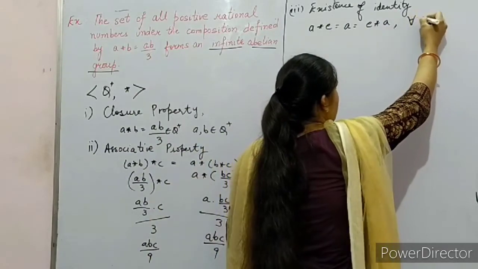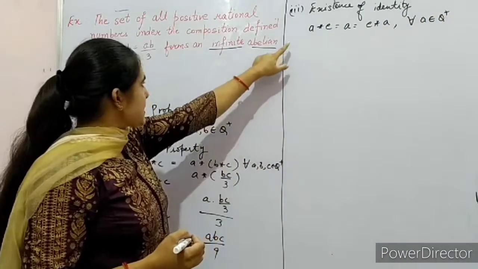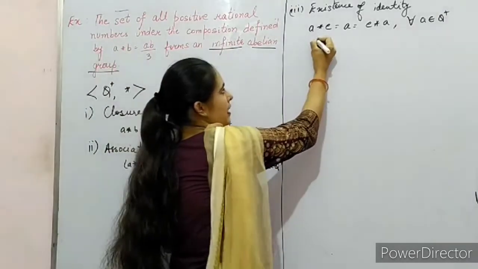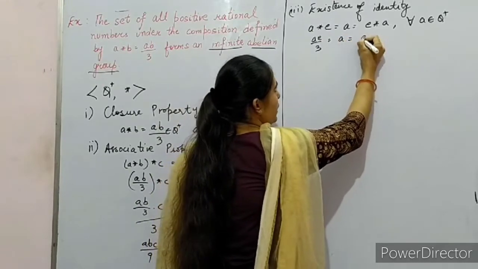Here this A belongs to Q plus. Now let's operate. What is A star E? According to the definition, A star E is AE by 3, equal to A, equal to E star A.